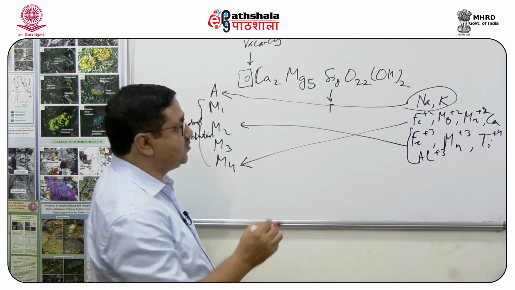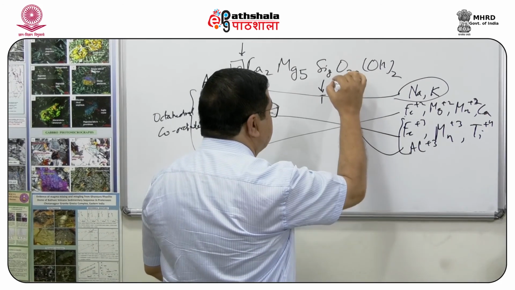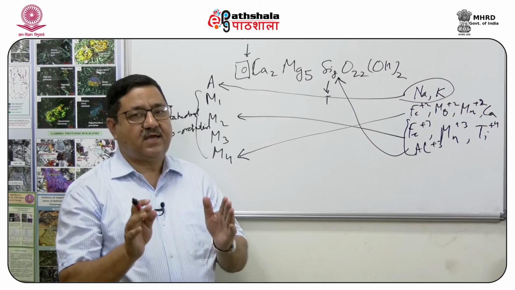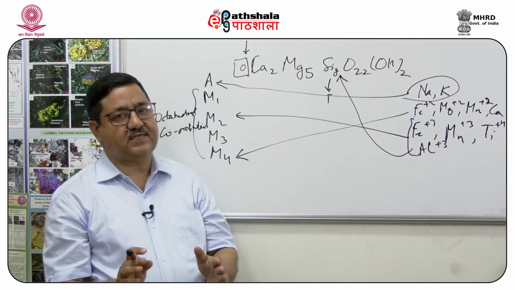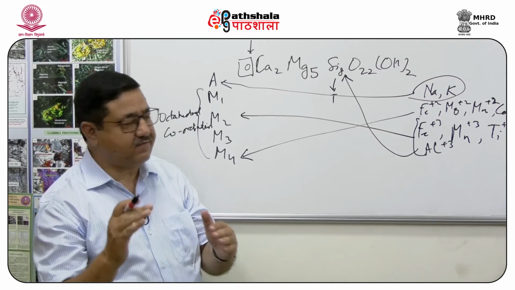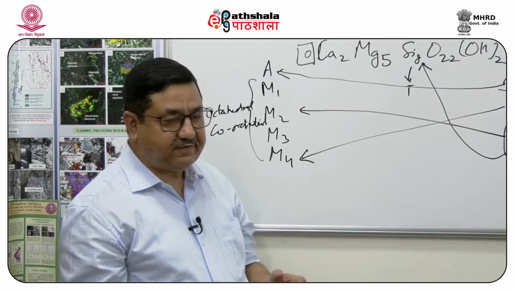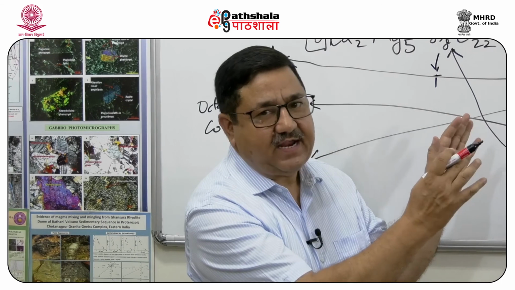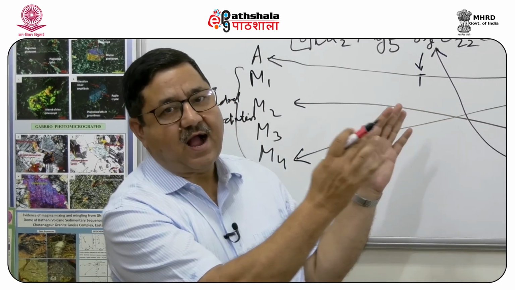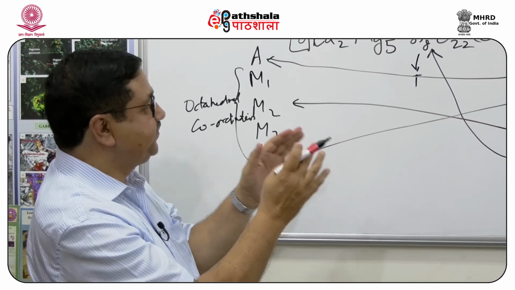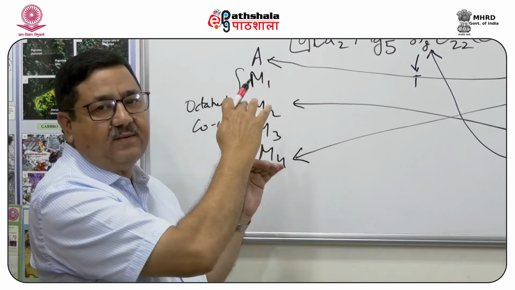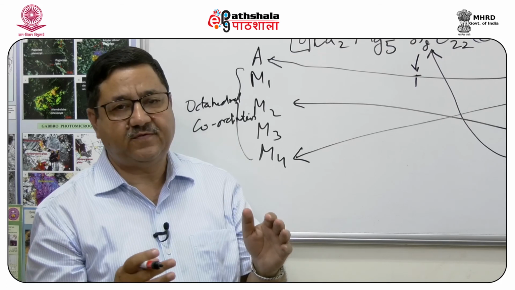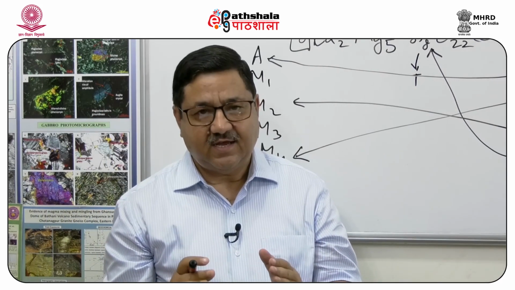Besides, aluminum also goes to the tetrahedral site of silicon because of the similarity of sizes and charge difference of only 1. So, we see that more than 10-11 elements are substituting, but they are being accommodated in a relatively smaller number of sites.